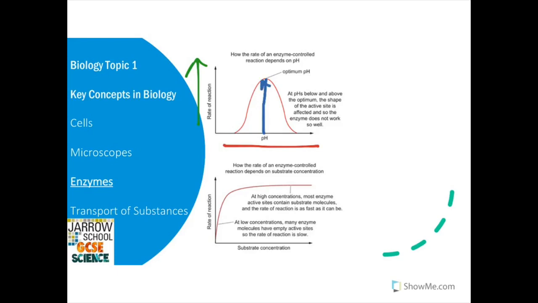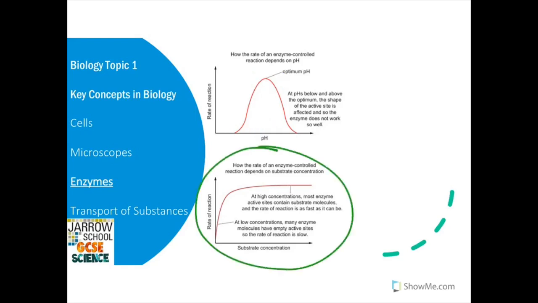So that could be pH 7. It depends on what the scale is. Obviously, there's no scale on this diagram. So you can see the peak of the graph, you link that down to the x-axis to what the optimum pH would be. In an exam, you might be asked to describe the different parts of the graph.